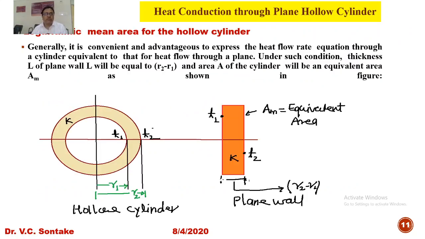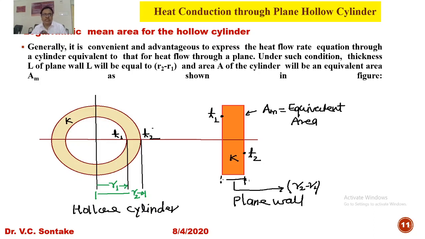Now, logarithmic mean area for the hollow cylinder. Many times it is convenient and advantageous to express the equation of heat transfer rate for a hollow cylinder in the same form as that for a plane wall.